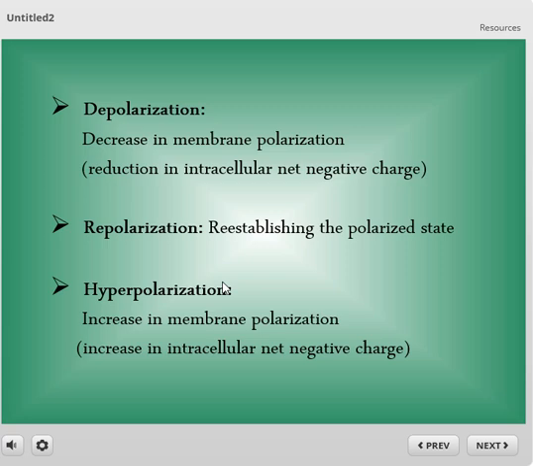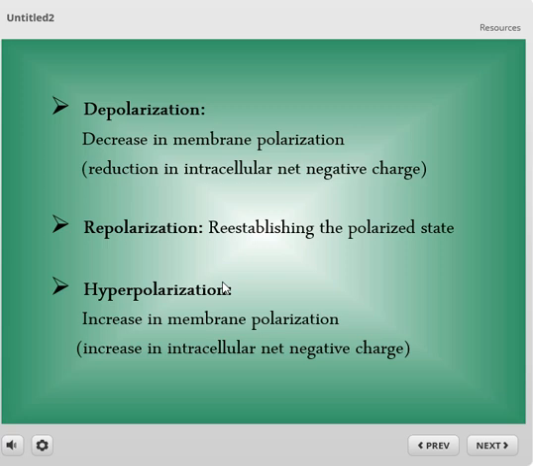This happens when the voltage-gated sodium channels close and voltage-gated potassium channels open, allowing potassium to flow out of the cells. And the outward movement of the potassium ions restores the negative charge inside the cell compared to outside.